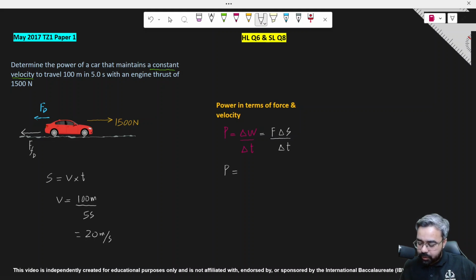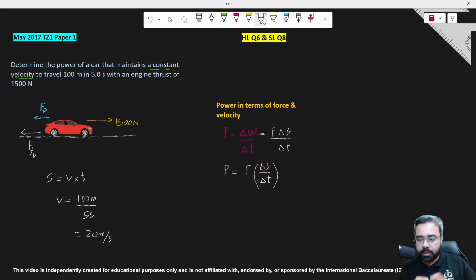So when the speed is constant, this delta s over delta t, which is the rate of change of displacement, which is the average velocity, is equal to the instantaneous velocity.